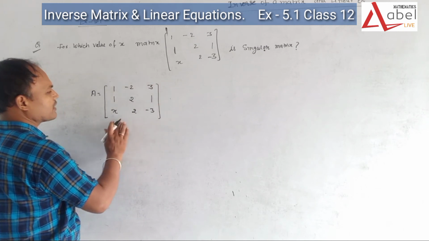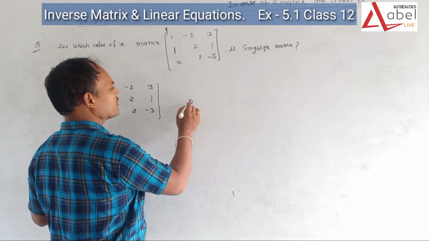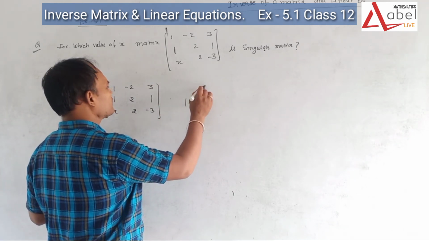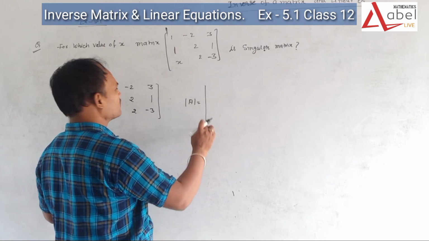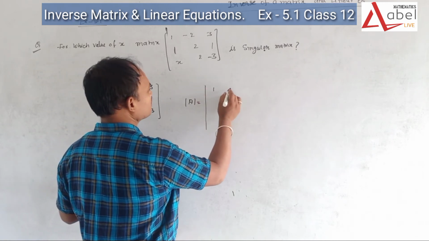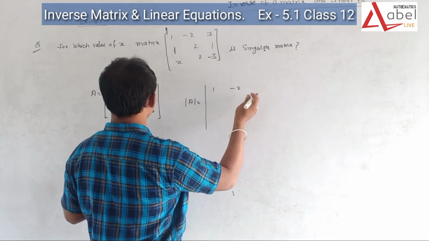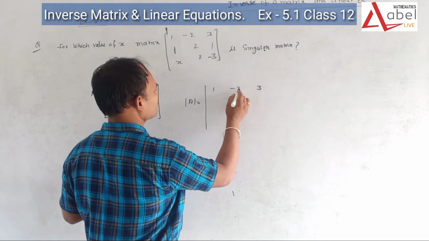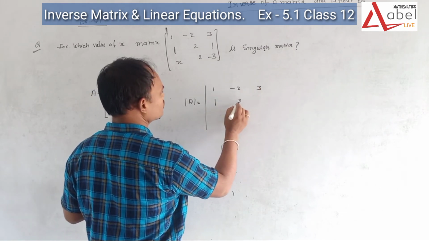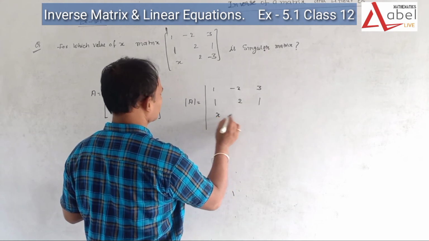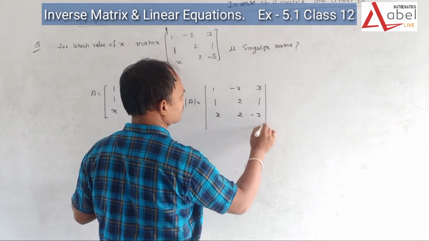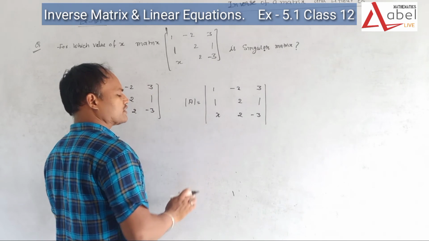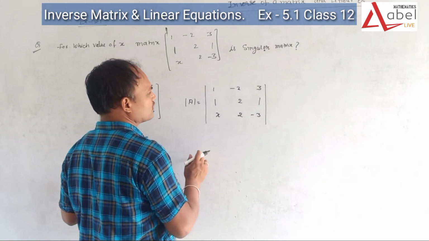Now we are going to create a determinant: 1 minus 2 3, 1 2 1, x 2 minus 3.